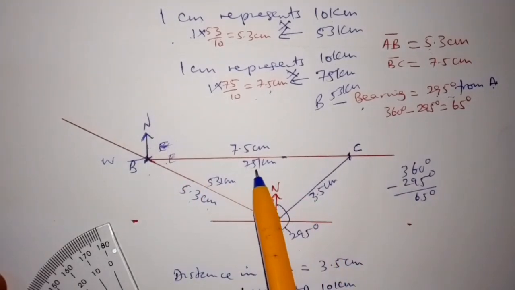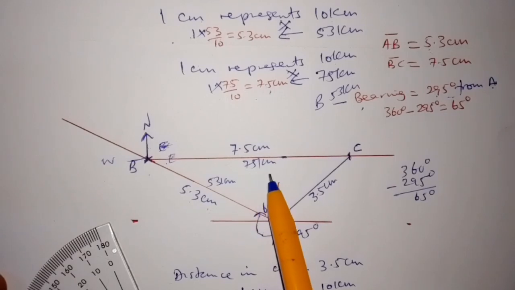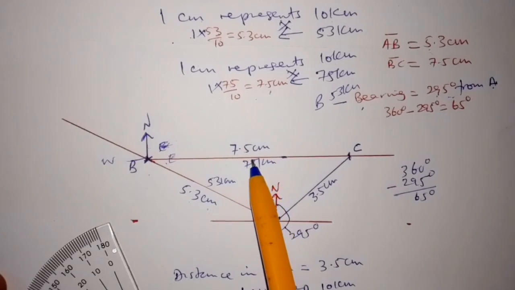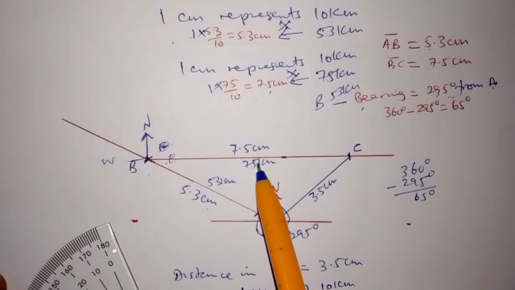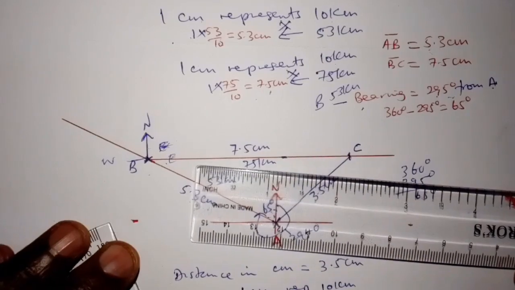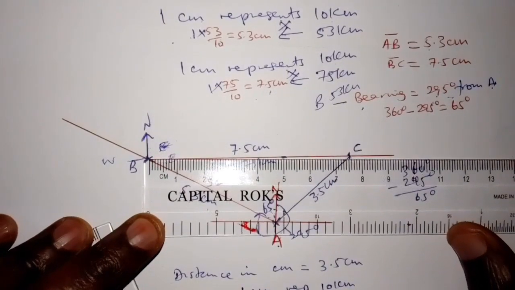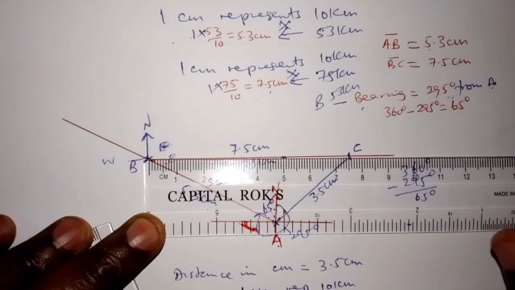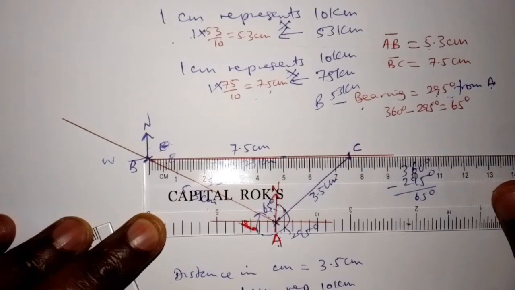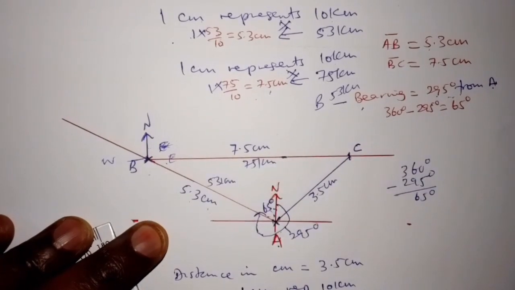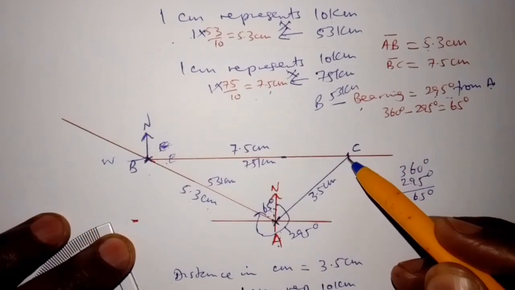So C is 7.5 centimeters, or 75 kilometers, east of B. We use our ruler to get the measurement of 7.5 centimeters, which is here. Then we mark it here.